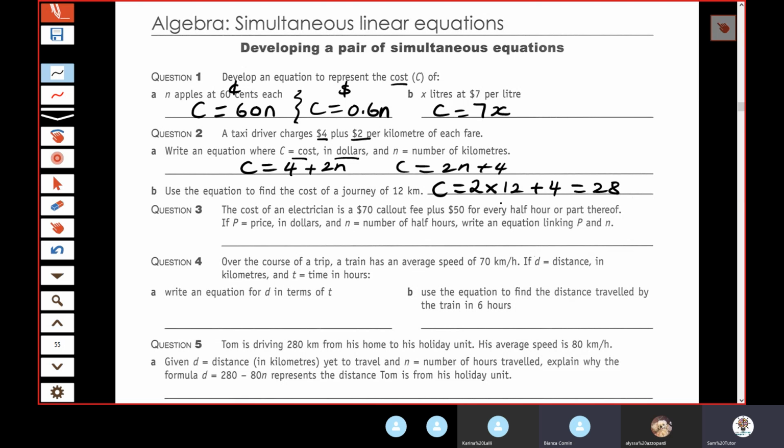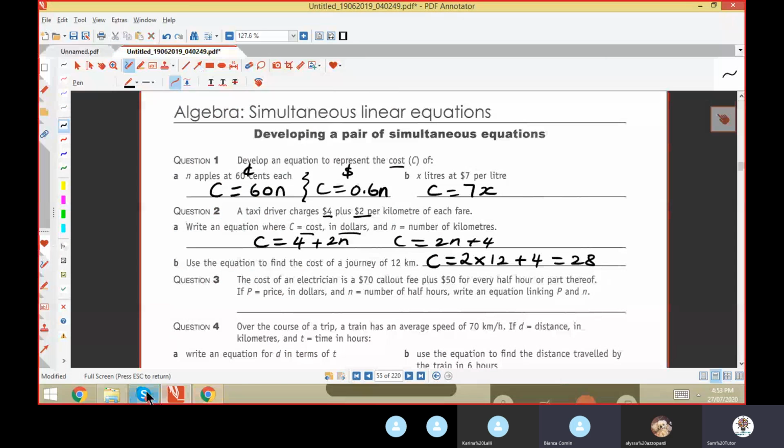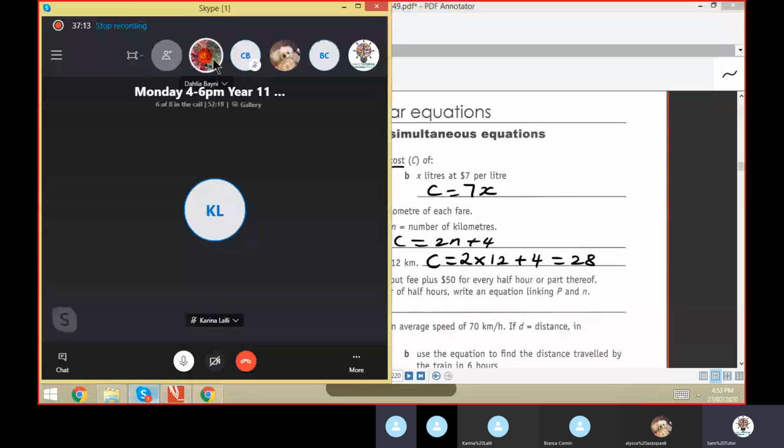How to use that equation? Karina? Let's see what's happening. Dahlia, can you hear me? Yeah, it's just my microphone wasn't working. Okay, working now. Kara, you can hear me as well now? Or is Kara's mic not working?